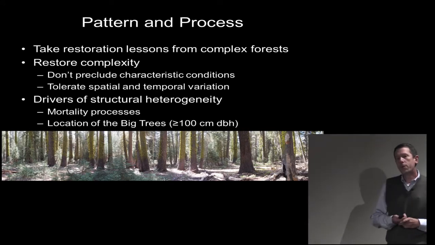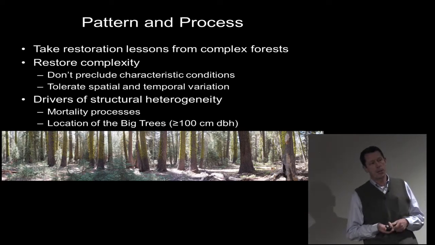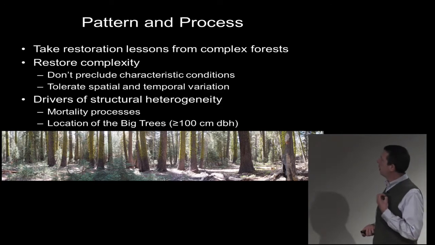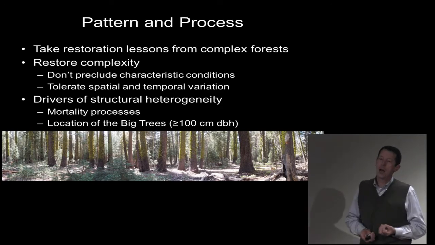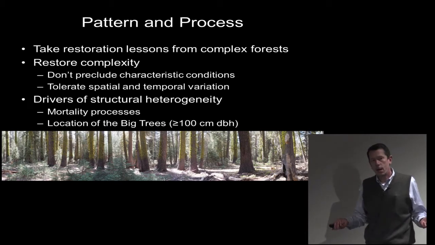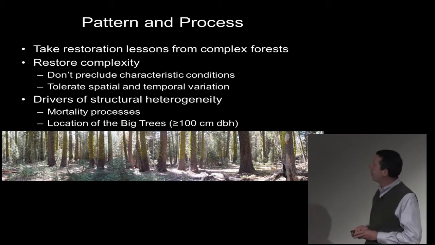And I think what we can do with primary forests, it'd be very hard to get those primary forests back, but we can take data from those forests and use lessons from these complex forests to help us understand what might be a good way to look at a restoration or to look at the success of a restoration.